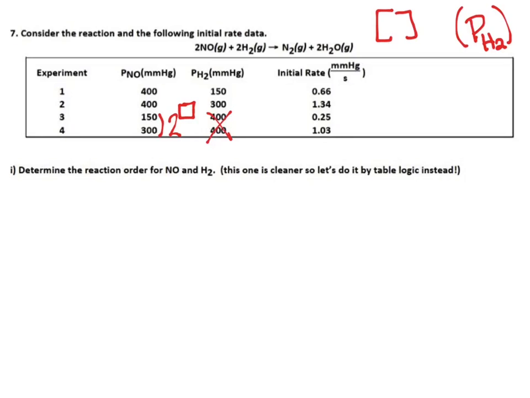So let's look at the rate. As I go from 3 to 4, what happens to my rate? It quadruples. So it goes up 4. So what does that exponent have to be to get me a quadruple rate? 2. So what order is P of NO? 2. So P of NO is second order.